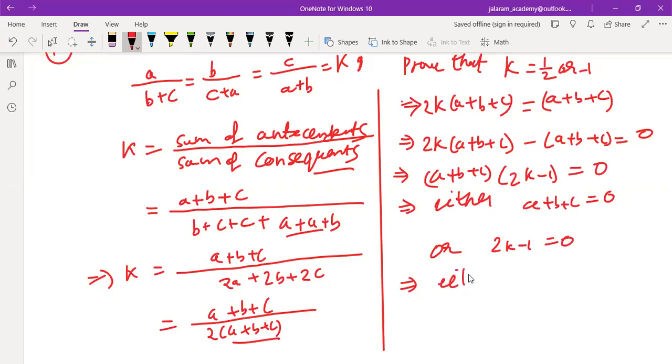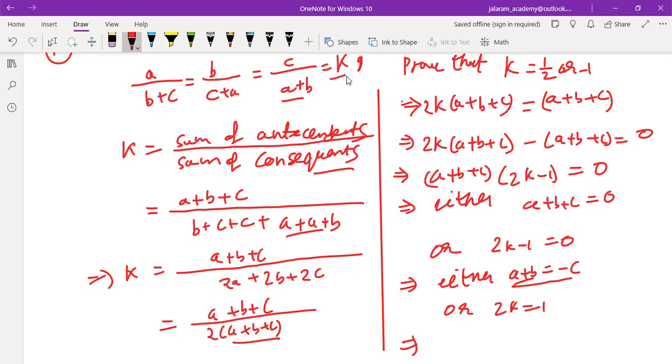It implies either A plus B equals to minus C, or 2K equals to 1. Now one more thing. Which of the terms contains A plus B?